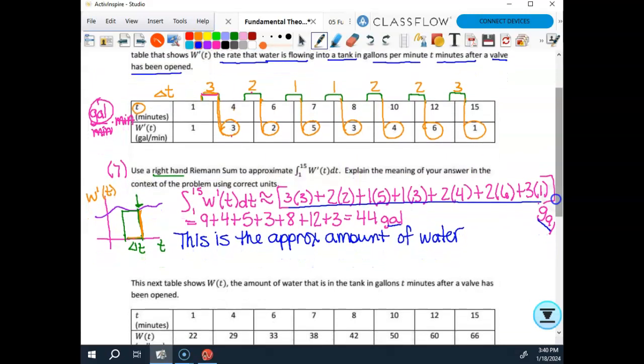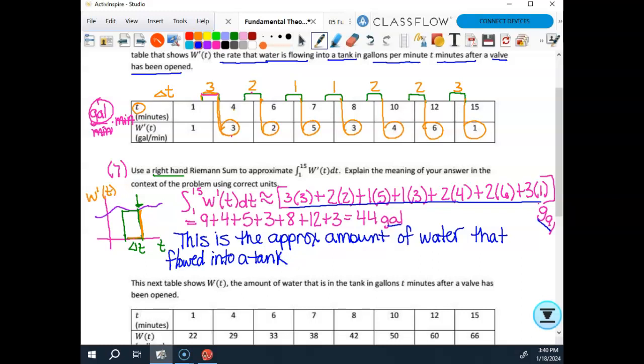Yeah, so this was the rate that water is flowing into a tank. So this is the approximate amount of water that flowed into a tank now, and it says t minutes after the valve has been opened.